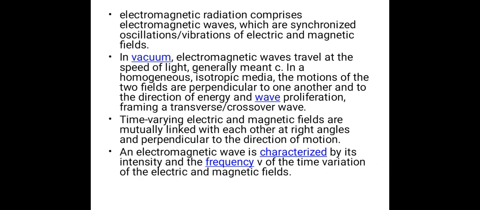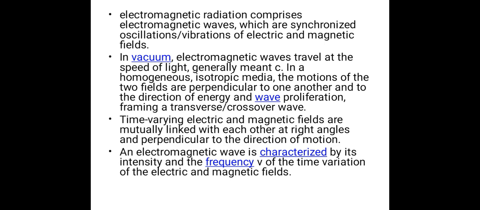Electromagnetic radiation comprises electromagnetic waves, which are synchronized oscillations or vibrations of electric and magnetic fields. In vacuum, electromagnetic waves travel at the speed of light, generally meant c. In a homogeneous isotropic media, the motions of the two fields are perpendicular to one another and to the direction of energy and wave propagation, forming a transverse or crossover wave.